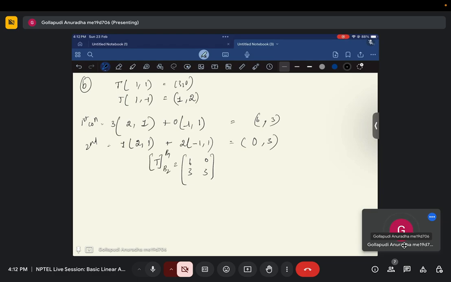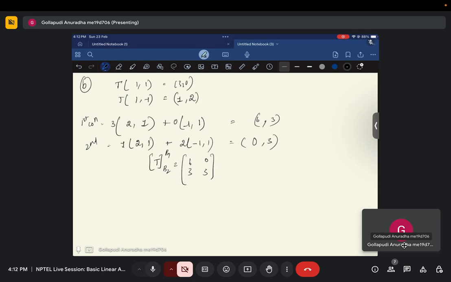Is it okay? Ma'am, you have to represent 3 comma 0 in the form of the basis of B2. In the first column you multiplied 3 with 2 by 1, but 3 comma 0 should be represented as a linear combination using 2 comma 1 and 1 comma 1. What is your question?